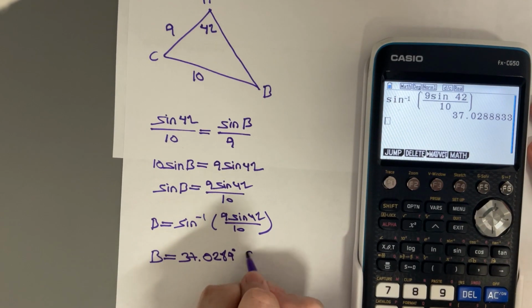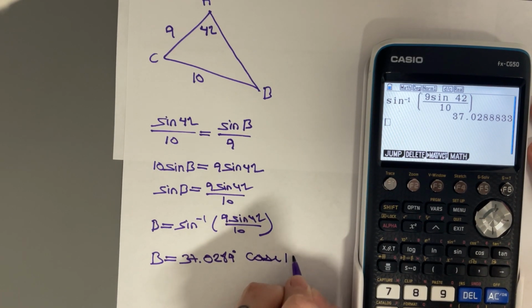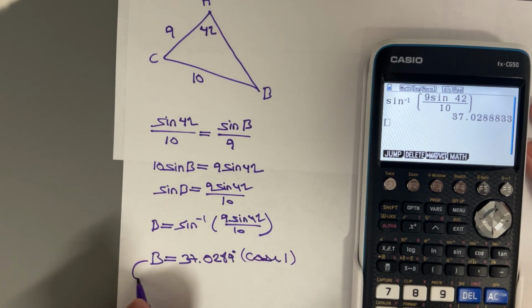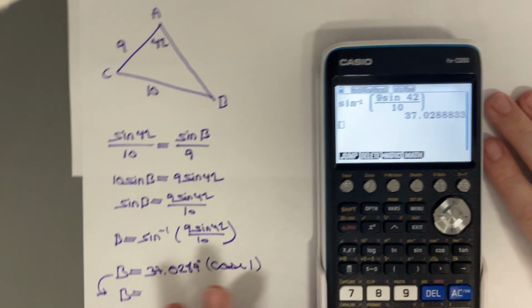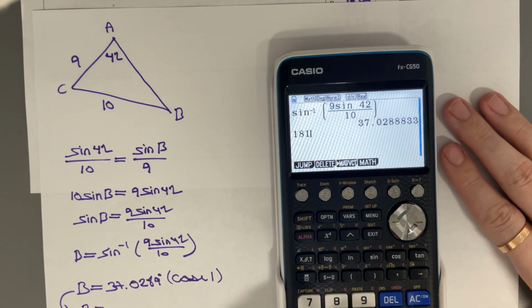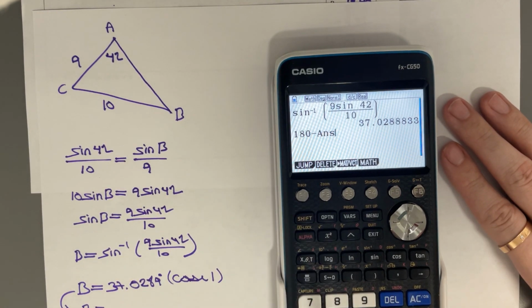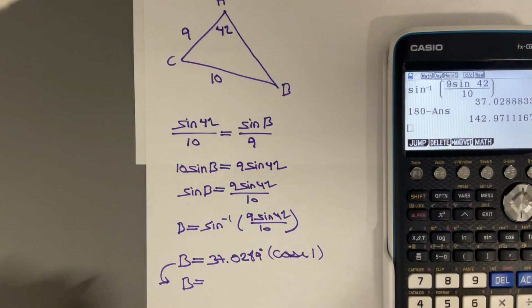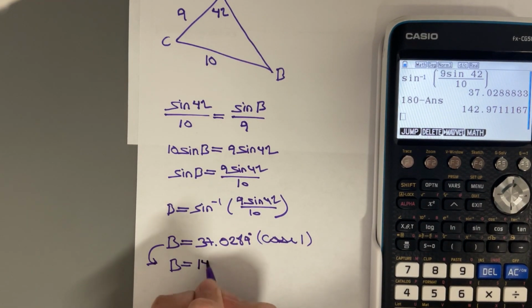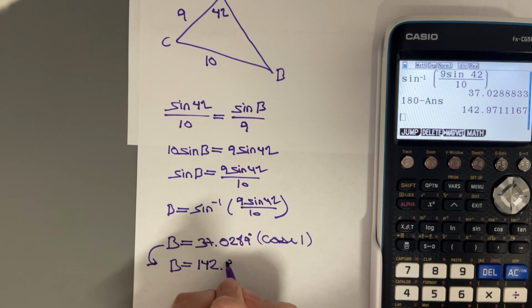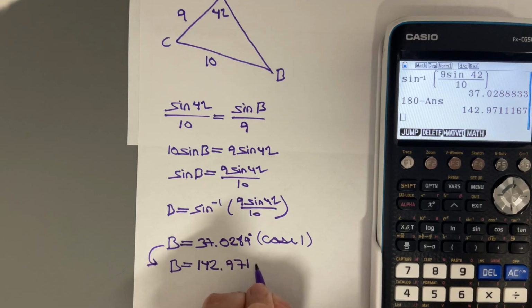So this would be case 1. Now remember, you got to find the supplement in order to find case 2. So over here, I'm going to do 180 degrees minus that value, which means case 2 would be 142.9711 degrees.